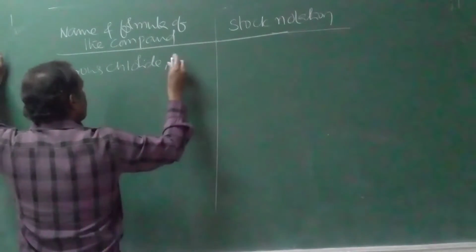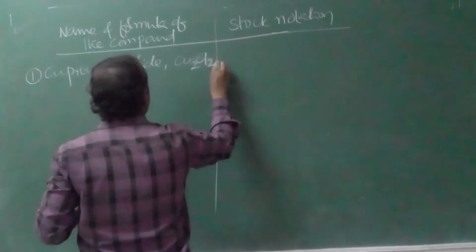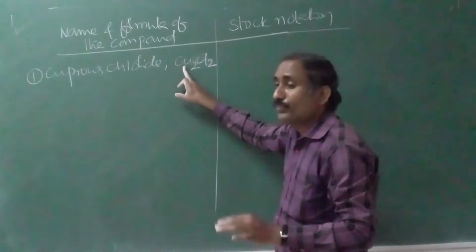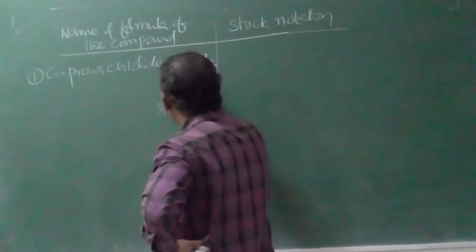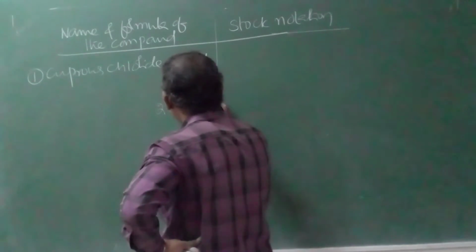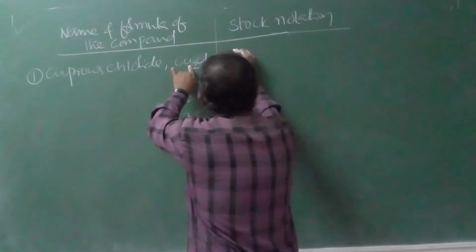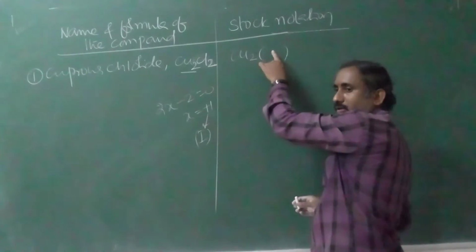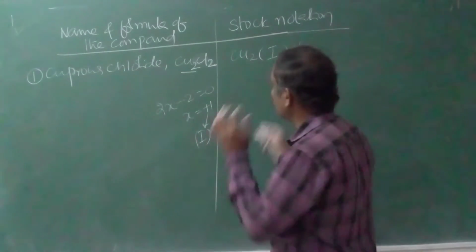Formula Cu2Cl2. Now, Stock notation means the oxidation number of the metal we have to show in small brackets by Roman numbers. In cuprous chloride, the oxidation number we don't know, 2x. Each chlorine is -1, so -2, equal to 0. x equals +1. This +1 we show as Roman number I. Only that is the difference. Stock notation: immediately after the symbol of the metal, we show Roman number I: Cu2(I)Cl2.